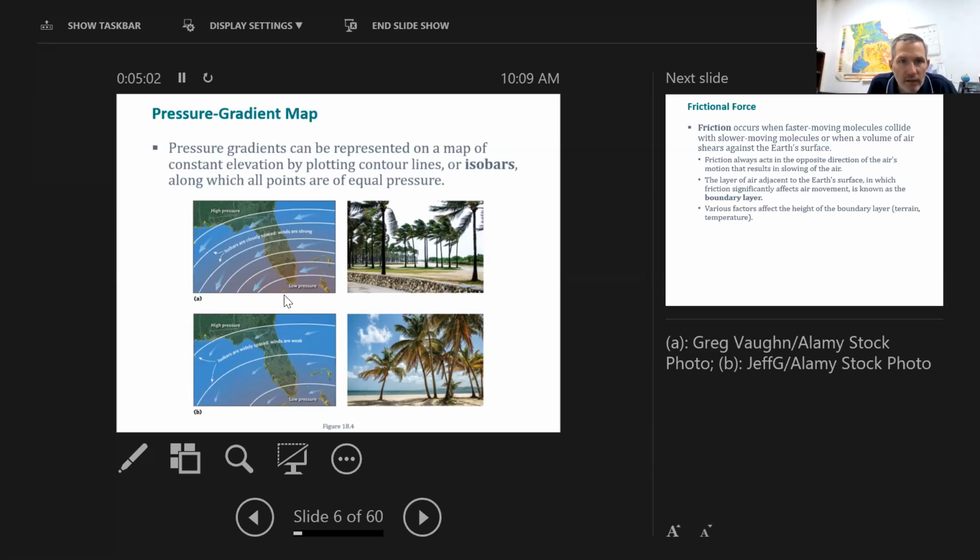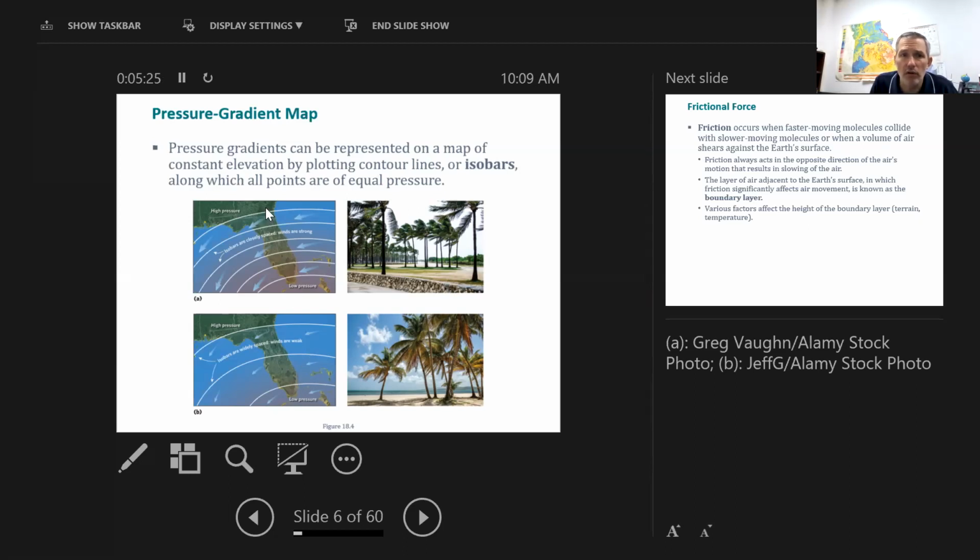the pressure gradient here, we can see in this upper image, we have a high pressure at the top of this, a low pressure at this lower portion, and we can see that the pressure lines, or the isobars, lines of equal pressure, are very close together compared to the lower image where they're much further apart.